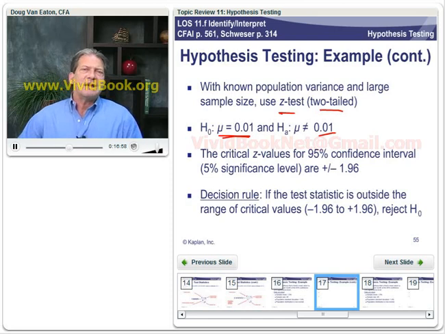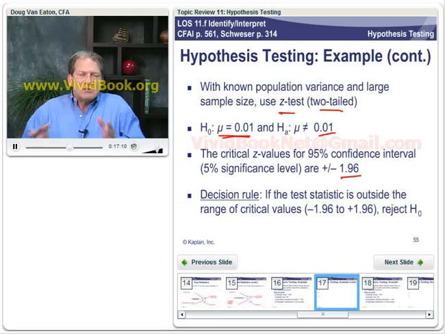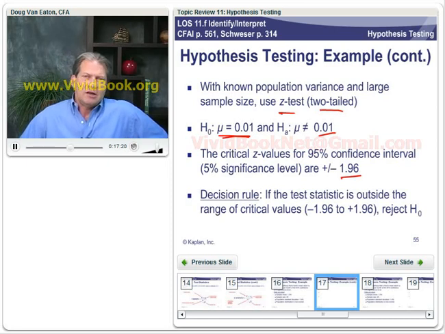Well, for our 95% confidence interval, we're 1.96 standard deviations either side of our hypothesized value. So our decision rule is going to be reject that the mean is equal to 1% if our test statistic is outside this range of critical values, either larger than 1.96 standard errors or smaller than minus 1.96 standard errors.